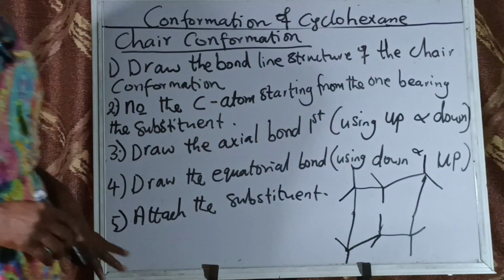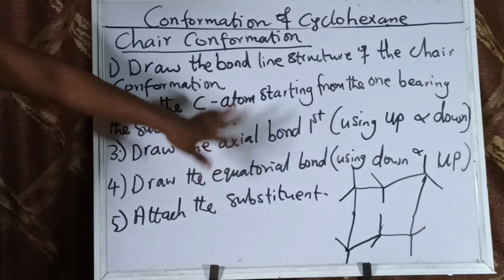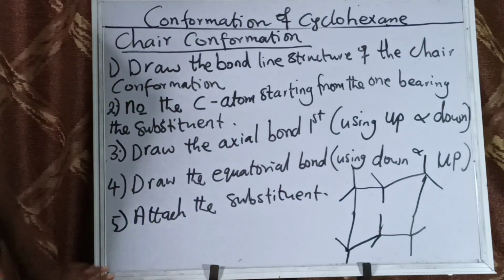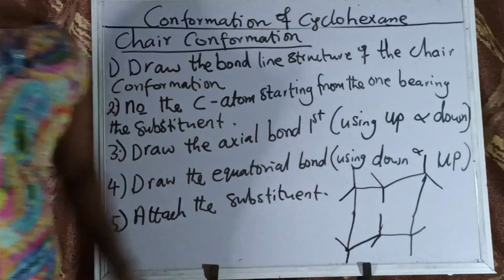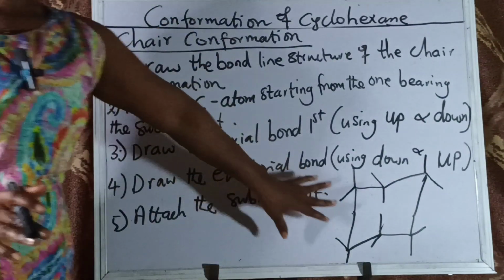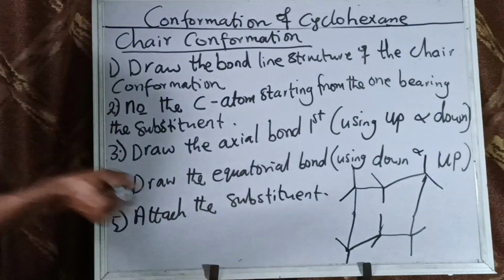Now, we have drawn the equatorial, then attach the substituents. Because we don't have any particular compound now, we are going to pick one and see how to attach the substituents. Let's assume that we are doing methyl cyclohexane.